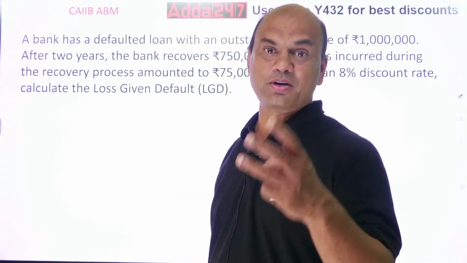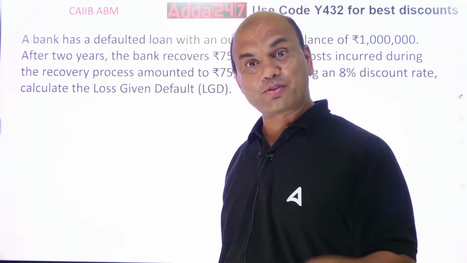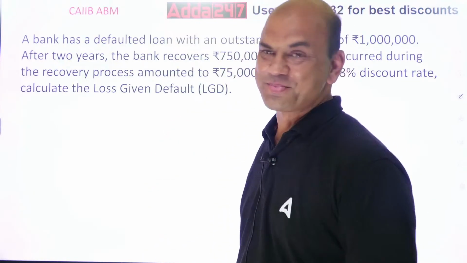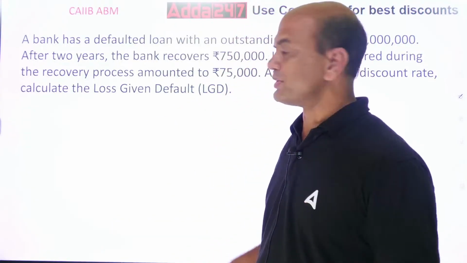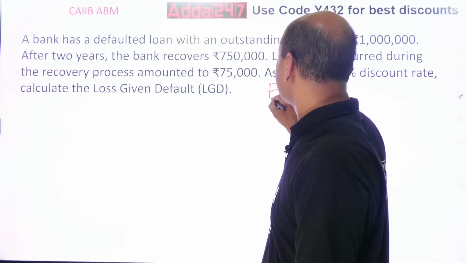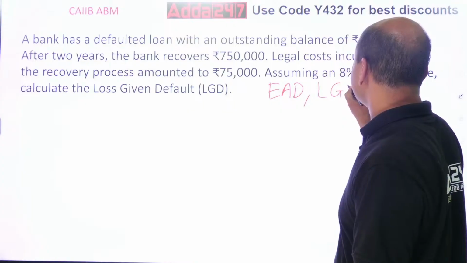LGD, there are 3 important terms. This is part of your Basel. Also, it's a part of your ABM, BFM also. So there are 3 important parts. One is EAD, exposure at default. LGD, loss given default.